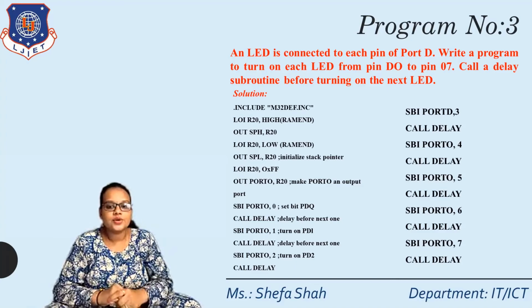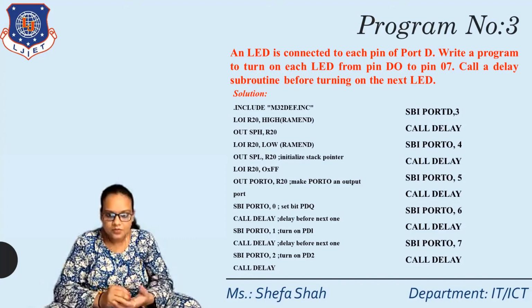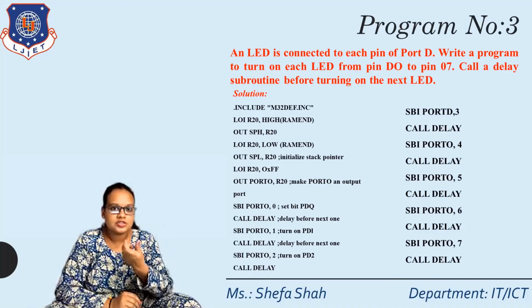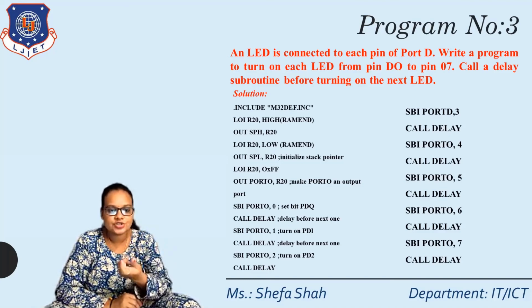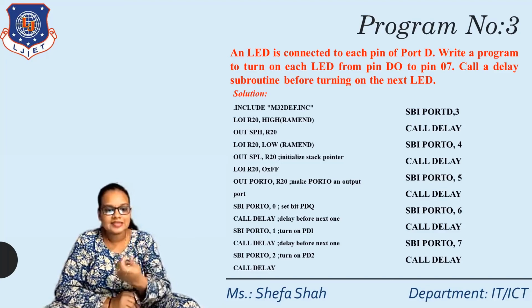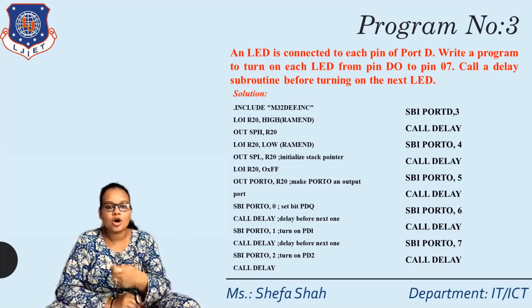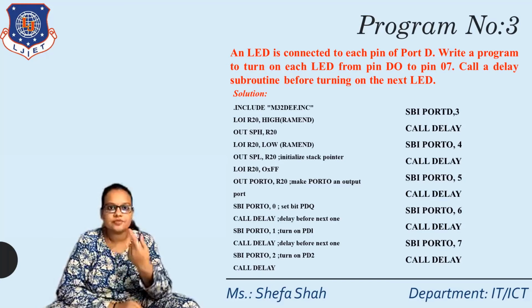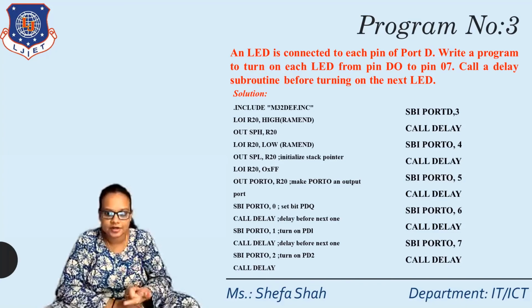Now we need to turn on this particular LED. For on, we need to set the bit. The set bit instruction SBI will be used, right? SBI PORTD comma 0. That means the first bit of D, that is D0, will be set, so the LED will turn on, right?